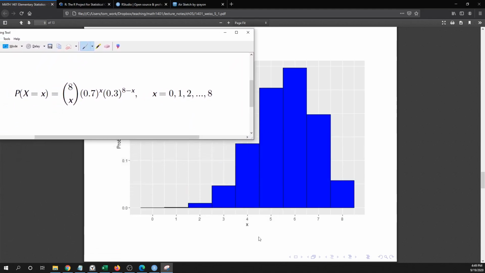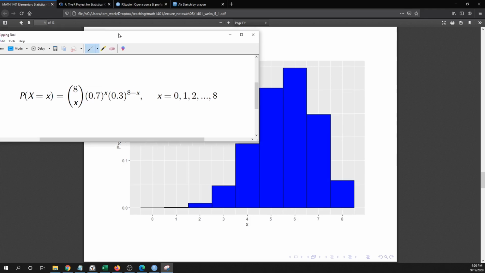It's hard to tell because we haven't talked about how to deal with this formula yet. But you can see it has these values 0, 1 through 8, and to get the probability, you would plug one of these numbers in for x, and we'll talk about how that works later.